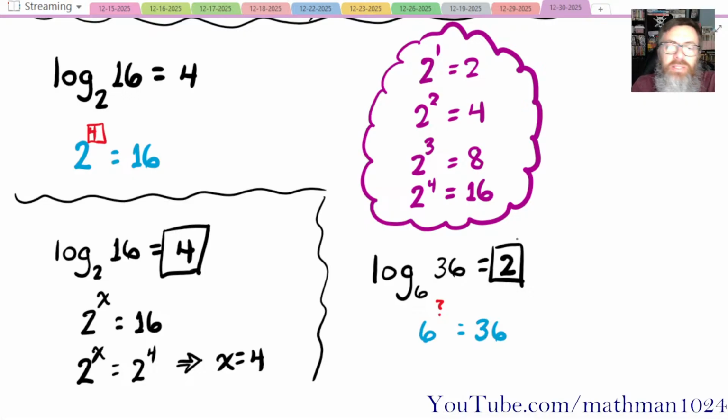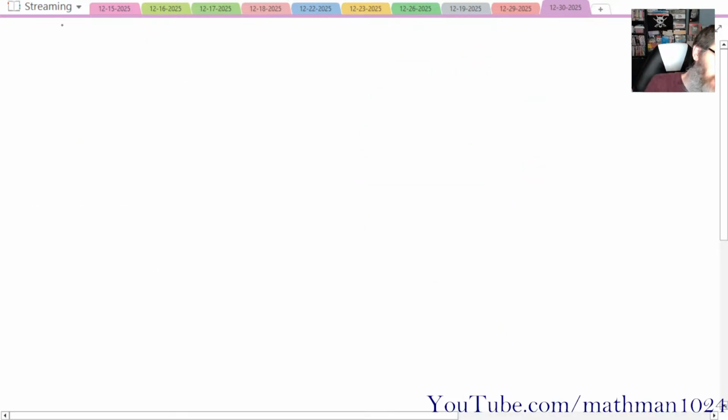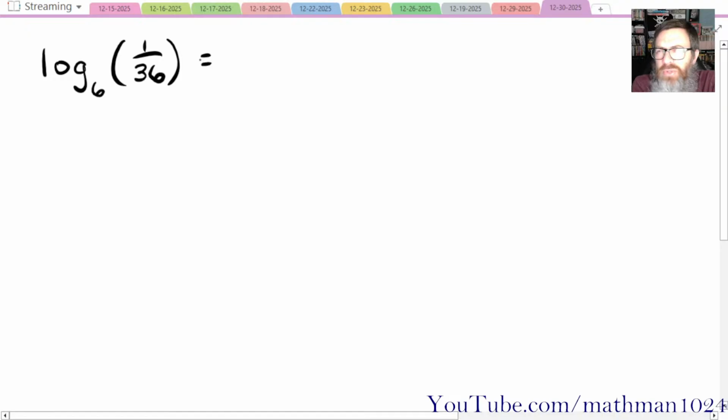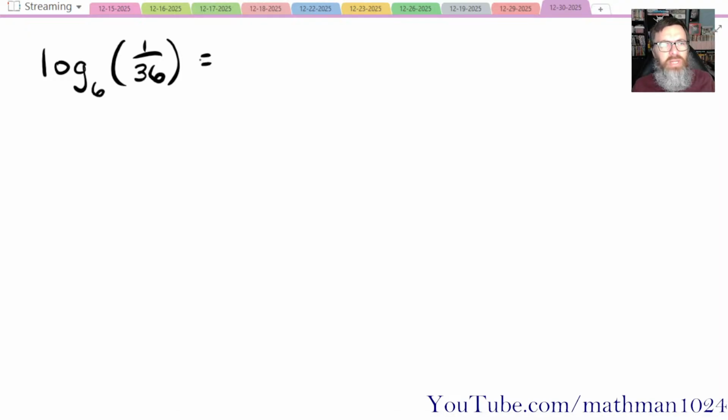Now, things get a little bit weird when it doesn't seem to be as clear as it is right here. For example, if we were trying to simplify log base 6 of the fraction 1 over 36, you might be thinking, well, there's no way to raise 6 to a power and come up with a fraction. That doesn't make any sense.